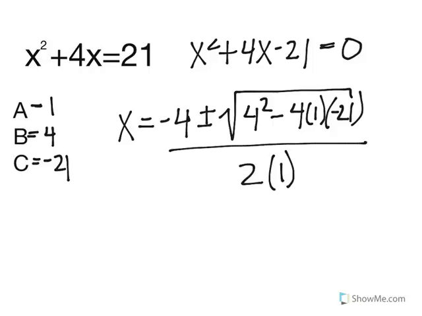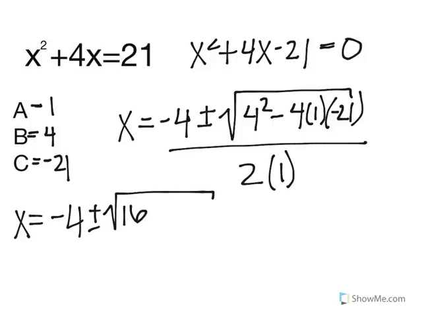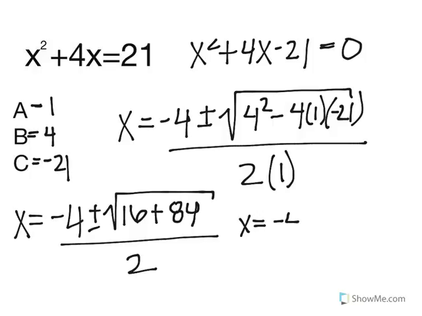Okay, so this simplifies to negative 4 plus or minus the square root of 16 plus 84 all over 2. And that simplifies to negative 4 plus or minus the square root of 100 over 2.